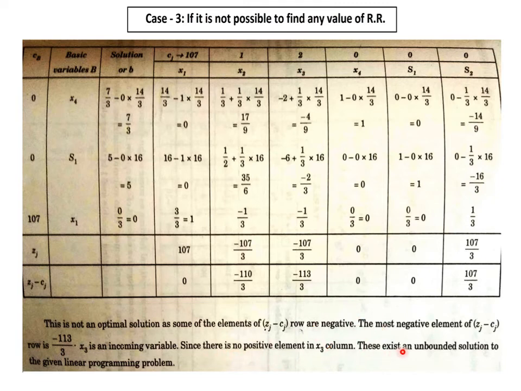So in that case we have to finish the problem with this tag, that the problem has unbounded solution. That is, you need not solve anything further. If with the most negative value of Zj minus Cj there is no possible replacement ratio, then you have to write this tag, that the given problem has unbounded solution.